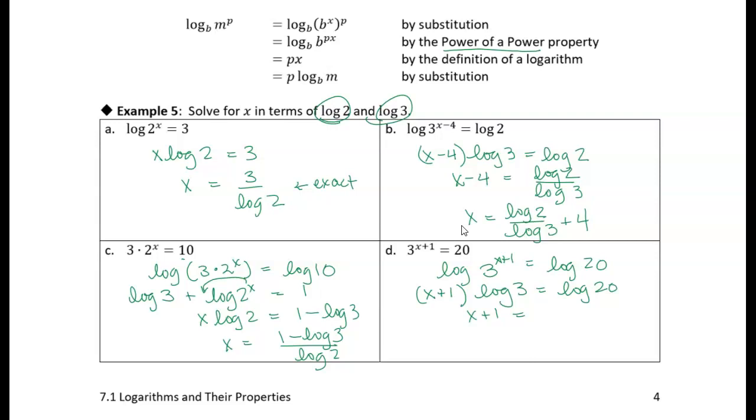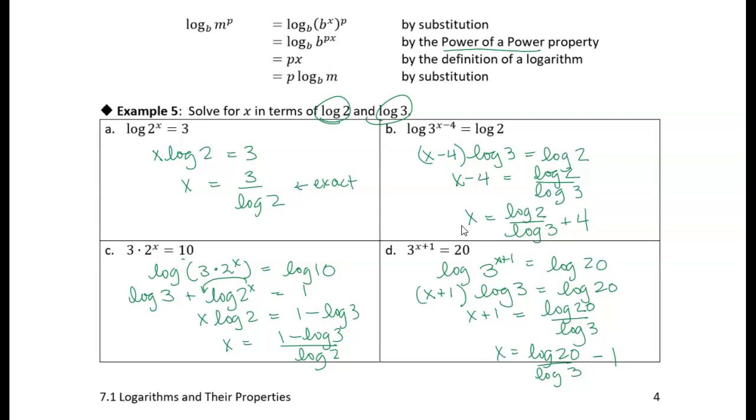And I get x plus 1 is equal to the log of 20 over the log of 3. So x is equal to the log of 20 over the log of 3 minus 1 if I subtract 1 from both sides.